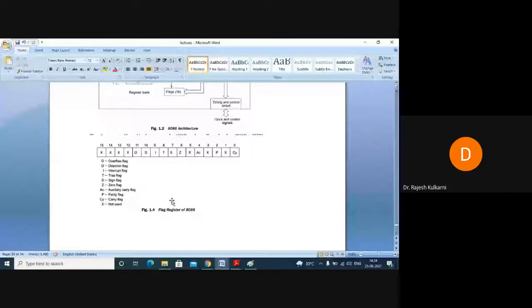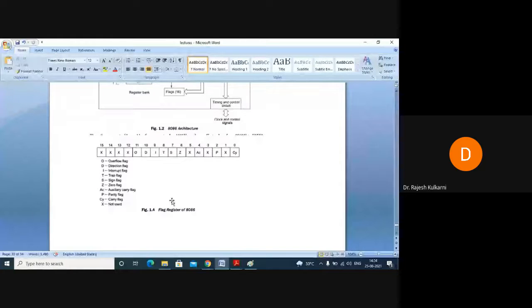First line says that flag registers have two categories: status flags and control flags. As far as control flags are concerned, three are the control flags: direction flag, interrupt flag, and trap flag. It means the rest of the flags will be the status flags. Which are the rest of the flags?